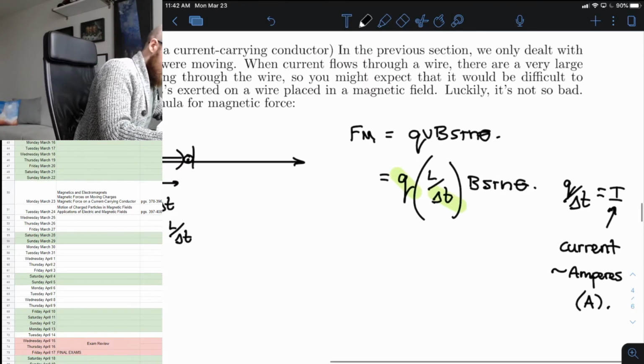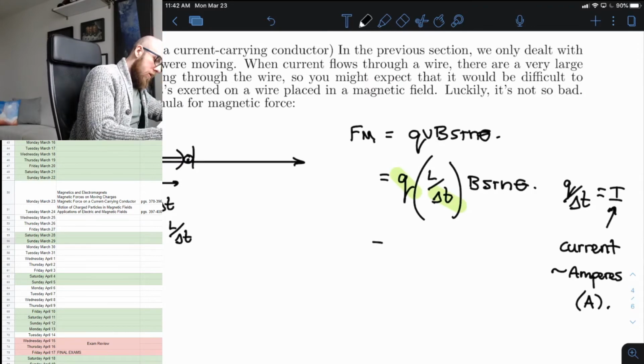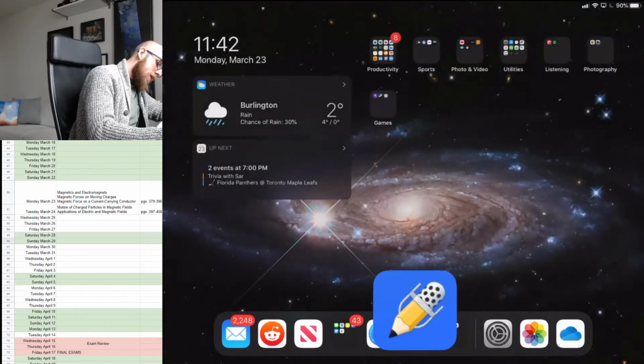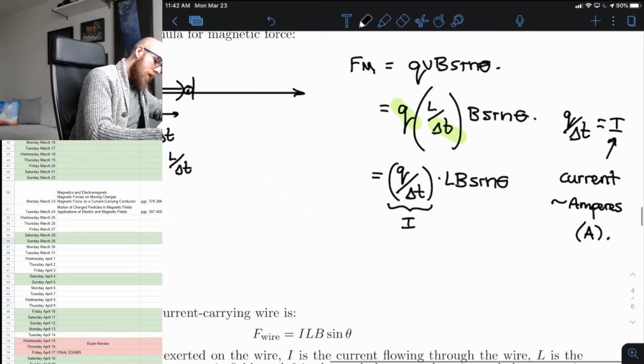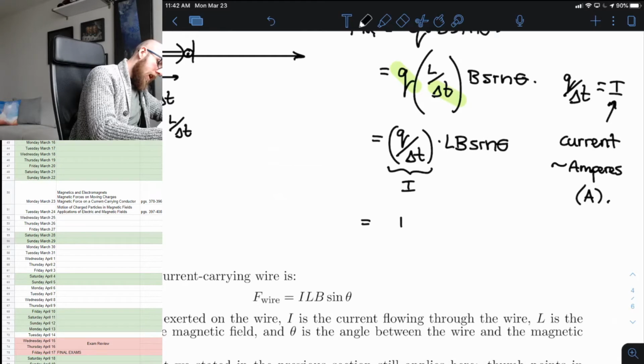Okay, so I can rearrange this formula a little bit. I'll have Q over delta t times L B sine theta. Now Q over delta t is the current, and so I have I L B sine theta.